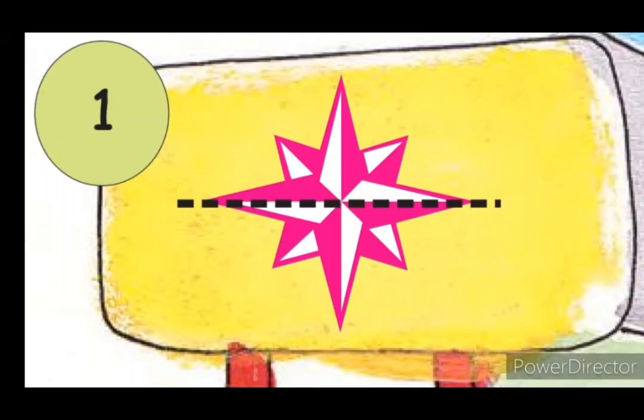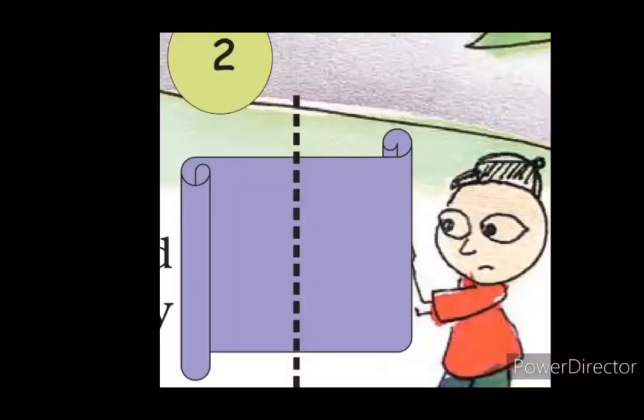So in the first figure you can see the both sides of the dotted line are equal and similar, so it's a line of symmetry. Here in this second figure you can see that both sides are also equal and similar, so it's also a line of symmetry.